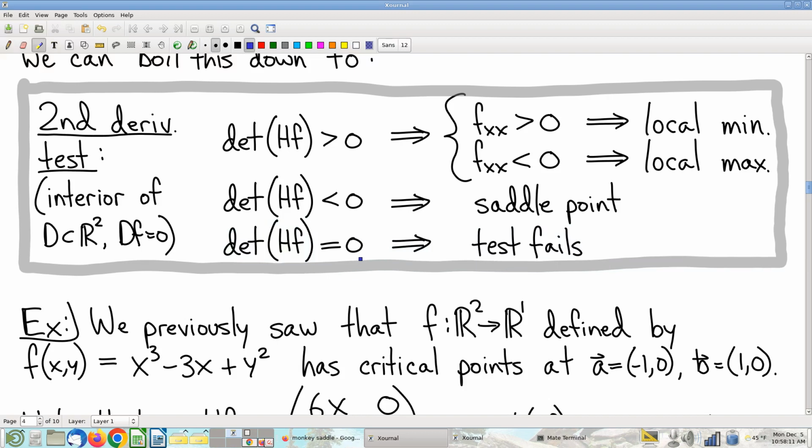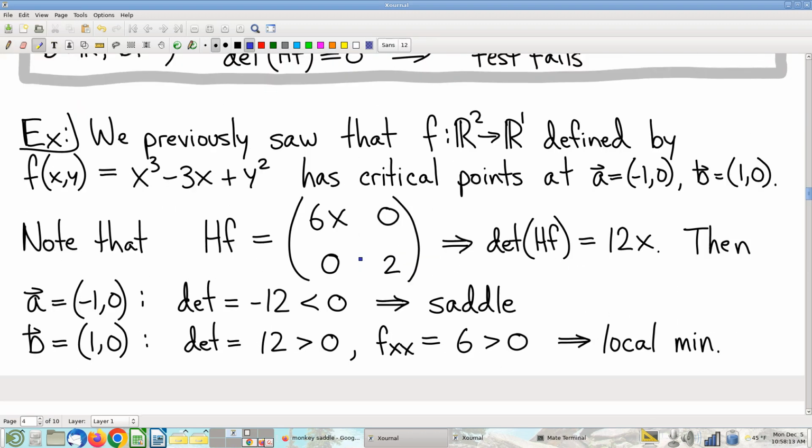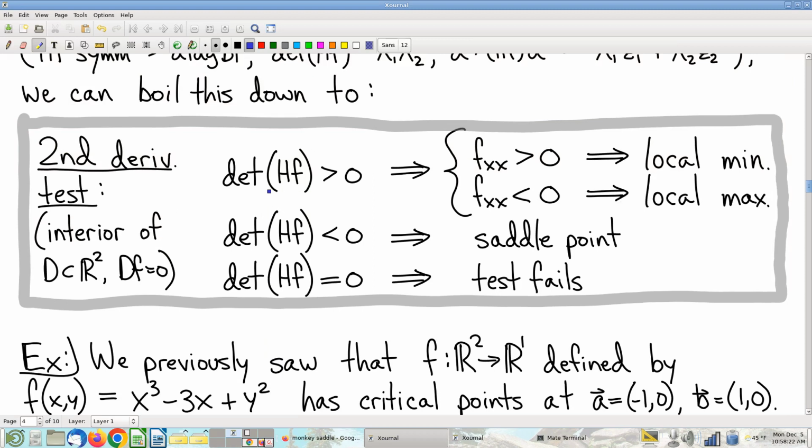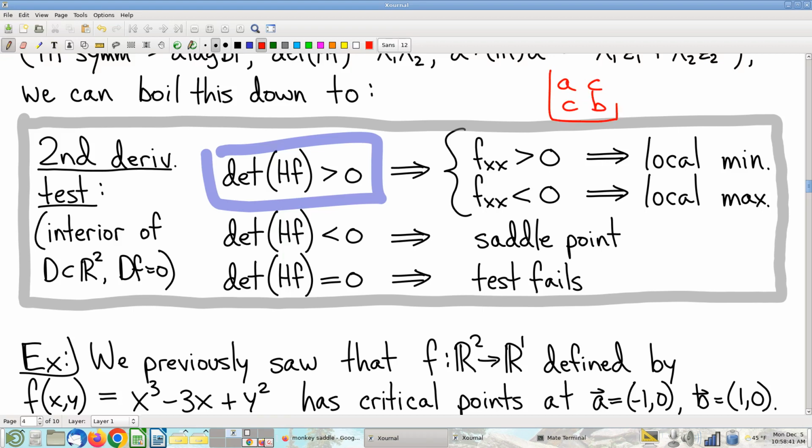Okay. All right, so in action, previously we looked at this function. Oh, yeah, question? Are fxx and fyy always going to have the same sign? In this case, yes, they have to have the same sign. Because we know that our Hessian matrix is symmetric, so the non-diagonal entries are the same.